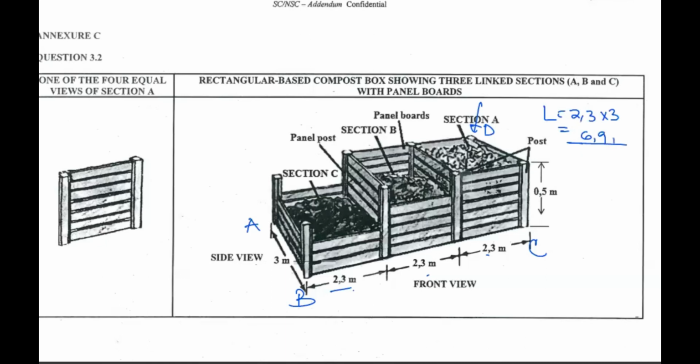These are meters. So what about the width? The width is 3. So if you're to look for the perimeter, that simply means perimeter equals 2 into (L plus W), which is 2 into (6.9 plus 3). Do that for me.